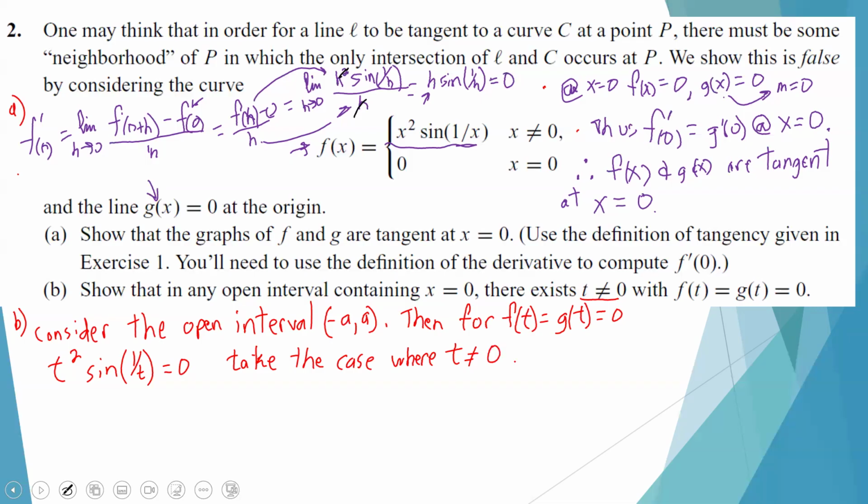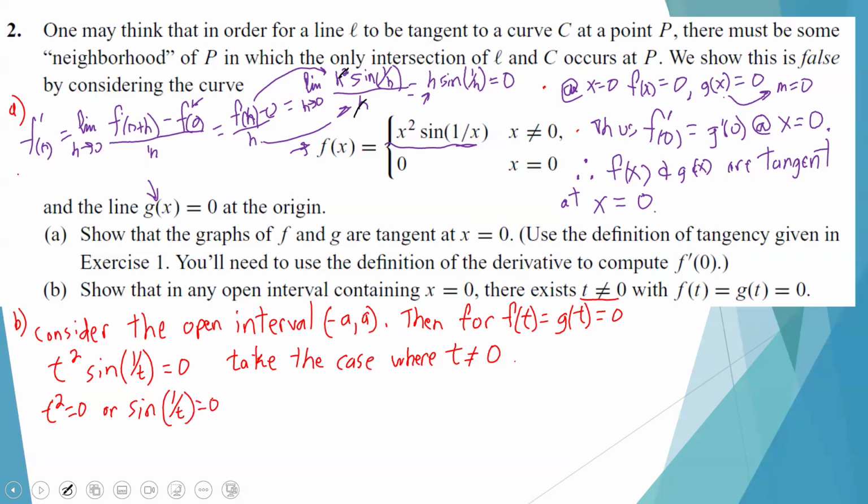Because this gave us either t squared equals 0, which we don't want to use, or sine of 1 over t is equal to 0, which we do want to use.